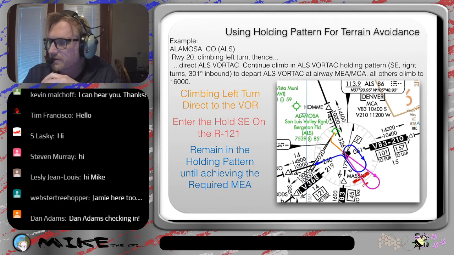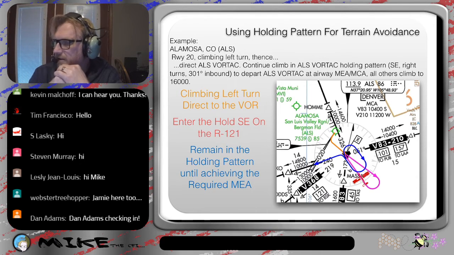You're going to go direct to the ALS VORTAC, continue to climb on the ALS VORTAC holding pattern, southeast, right turns on the 301 inbound radial. And then you're going to depart the VORTAC at the minimum en route altitude or minimum crossing altitude prior to getting on course.